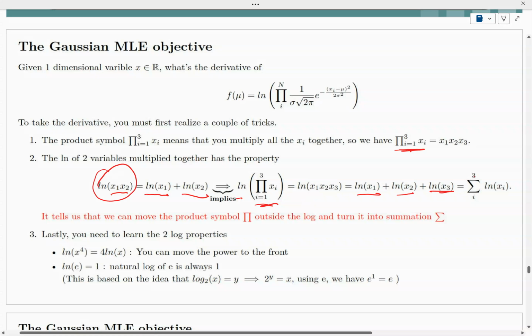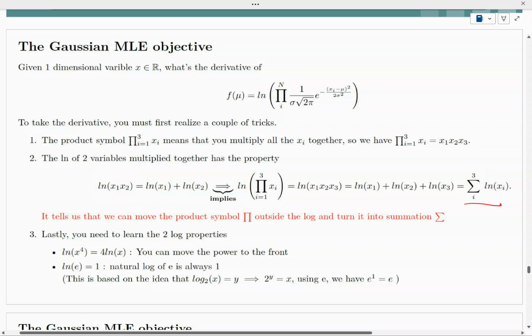And it's a summation of log of xi. What that means is when we have a product inside the log, we can move this product outside as a summation. Okay? And they will be mathematically equivalent. And this summation actually drastically simplifies things.